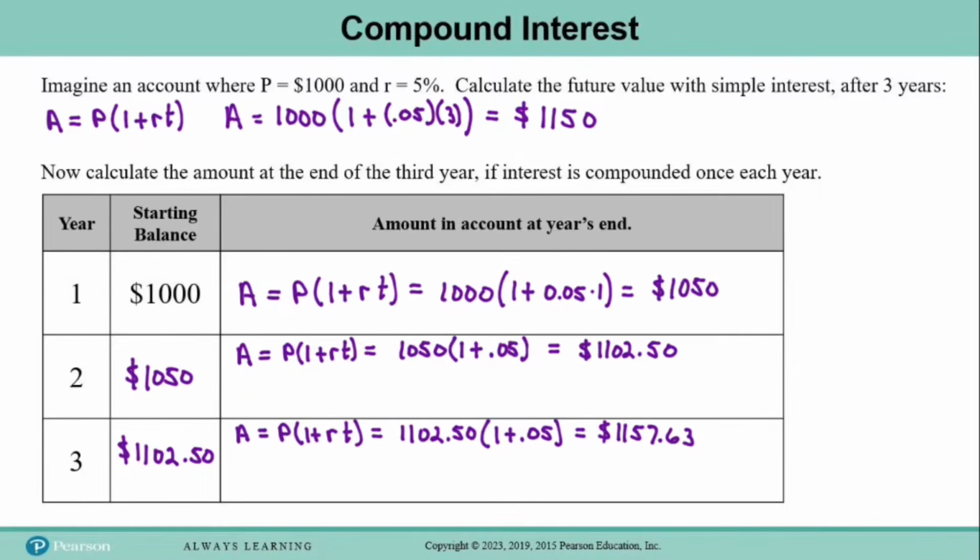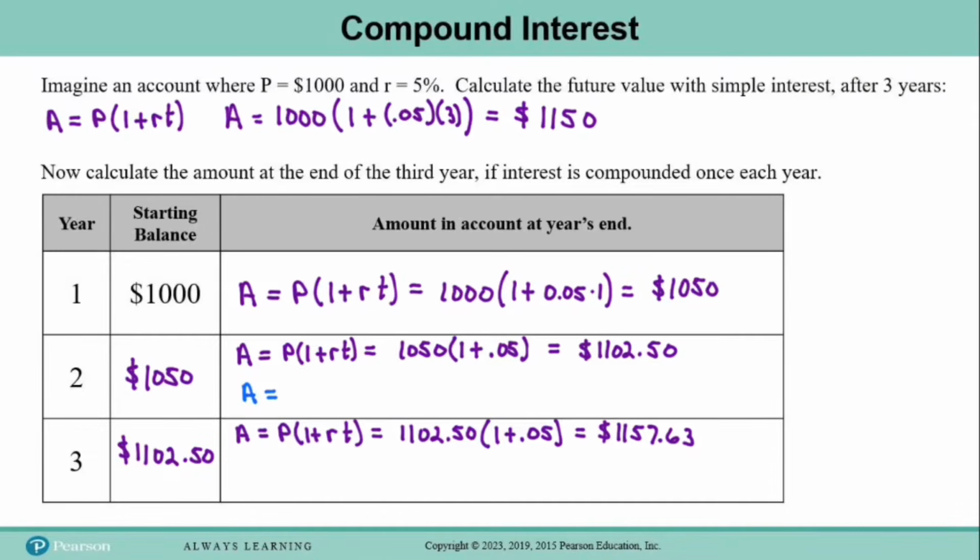Let's see if we can come up with sort of a general formula so we don't have to do each individual calculation for each individual year. So I just want you to look right here. Notice that in year 2, where we used this $1,050, instead of plugging in the $1,050, what if we had plugged in the formula that we used to get the $1,050? So I'm just going to write this same thing again, but instead of $1,050, I'm going to write this expression right here, okay?